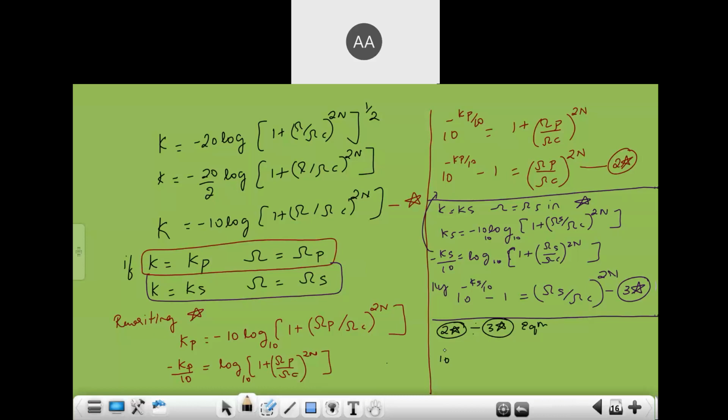You will get 10 power minus Kp by 10 minus 1 divided by 10 power minus Ks by 10 minus 1 is equal to, on the RHS, omega P by omega C whole thing to the power 2n divided by omega S by omega C whole thing to the power 2n.